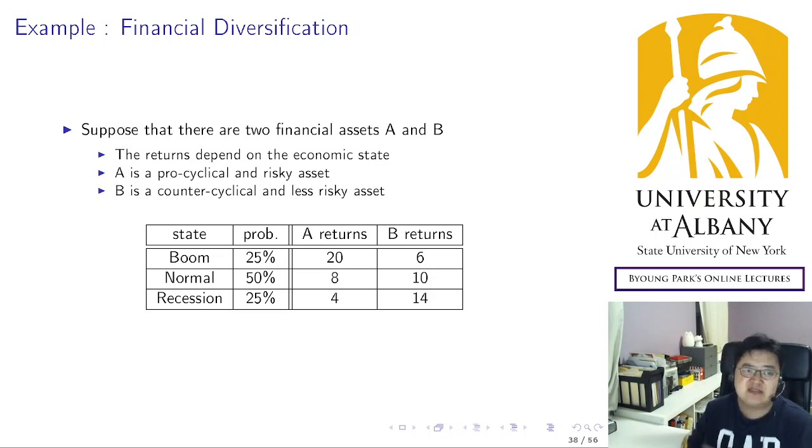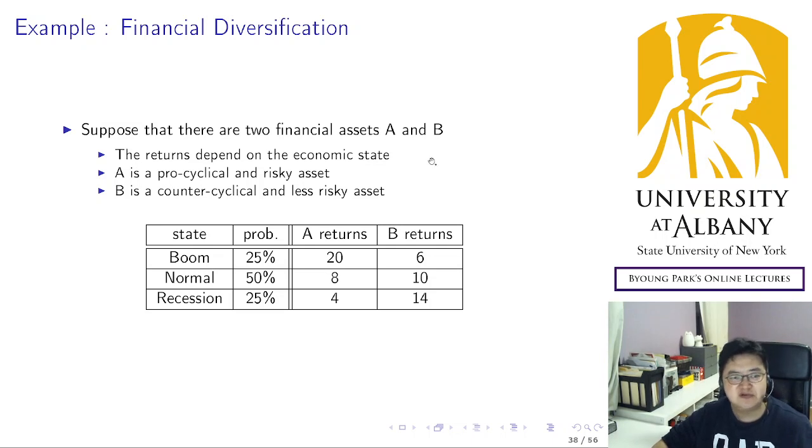Our main theme is financial diversification. I made this example based on the very basic theory in financial economics. And suppose that there are two financial assets, A and B. You can think of them as mutual funds or ETFs or firms, whatever, two financial assets, and their returns depend on the economic state.